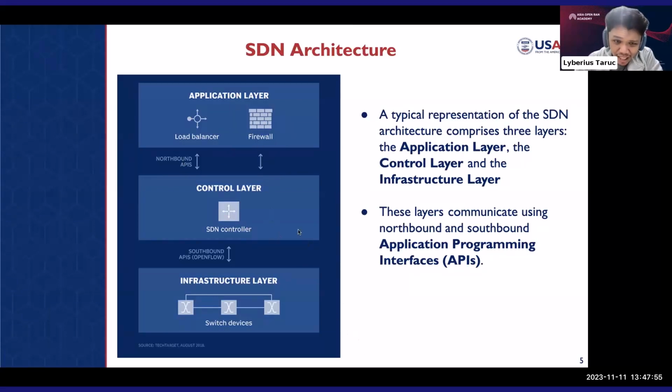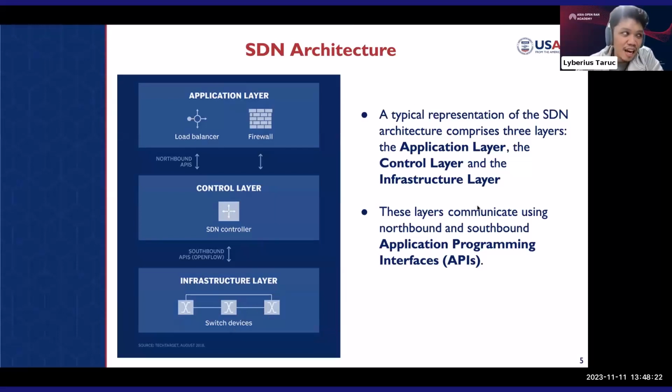Okay. Now, these 3 are interconnected via what's called APIs, or application programming interfaces. OpenFlow, which is a protocol, is a southbound API, meaning this is the API used by the SDN controller to communicate with the underlying forwarding switches.